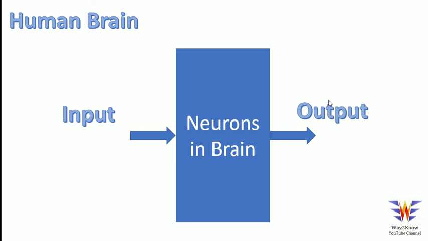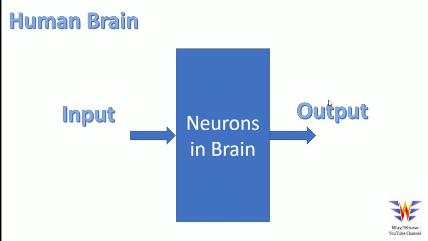data gets processed. Now, before going into the actual things, the first thing is our brain has neurons, we know, right? Neurons do take inputs and then provide outputs.